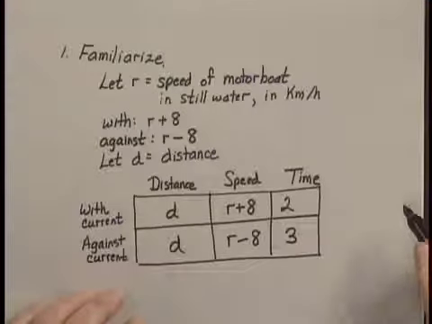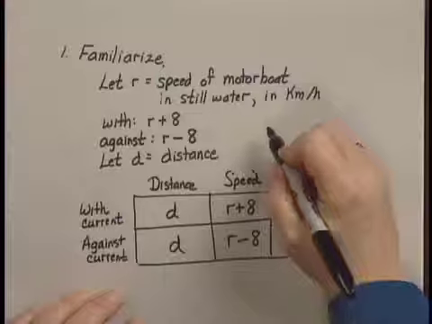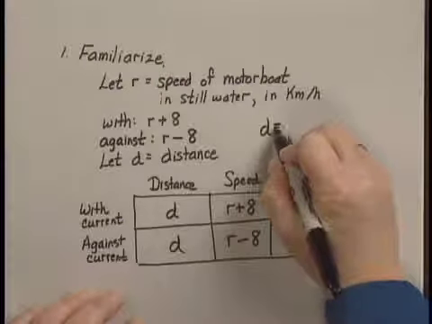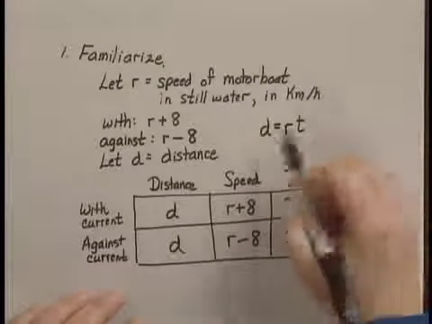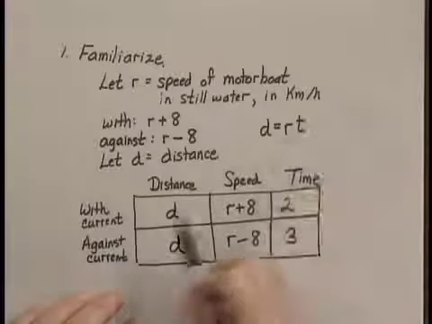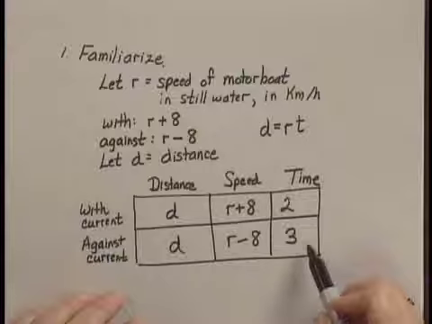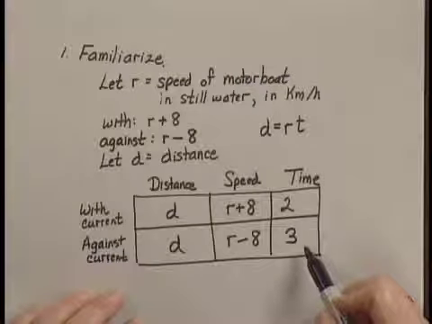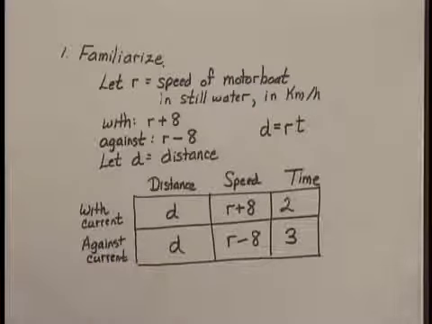Now, once that's filled in, we can use the motion equation D equals RT, or distance equals rate times time, or speed times time, and read right across these rows of the table to translate into 2 equations.